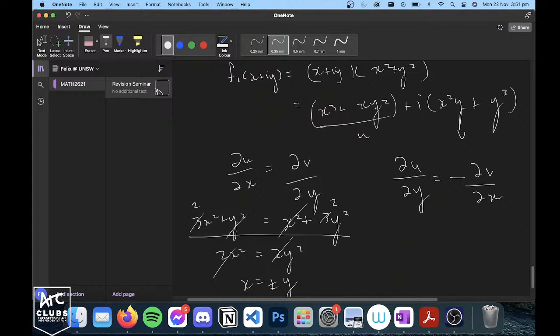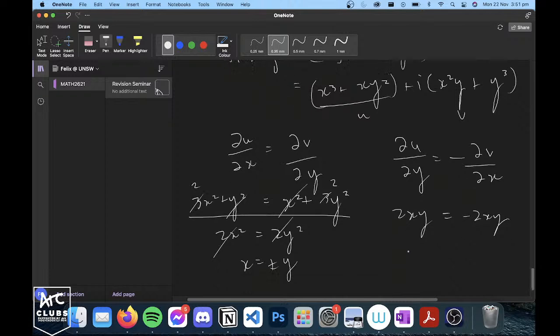Doing this by inspection again really quickly, we get 2xy, and on the other side we also get 2xy.